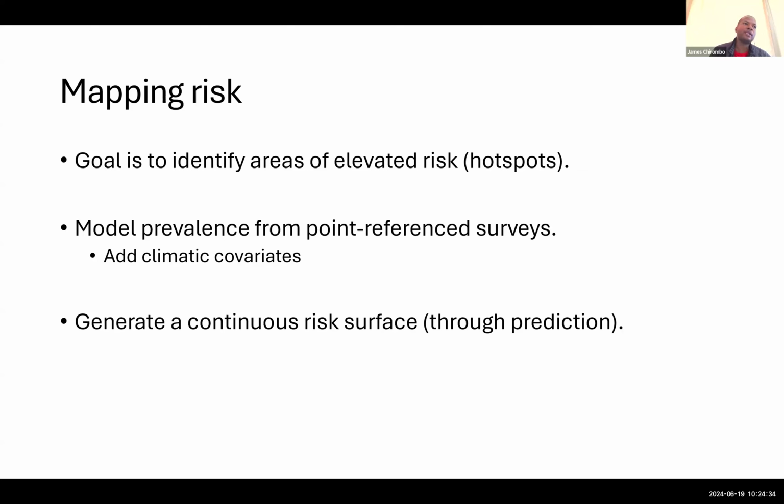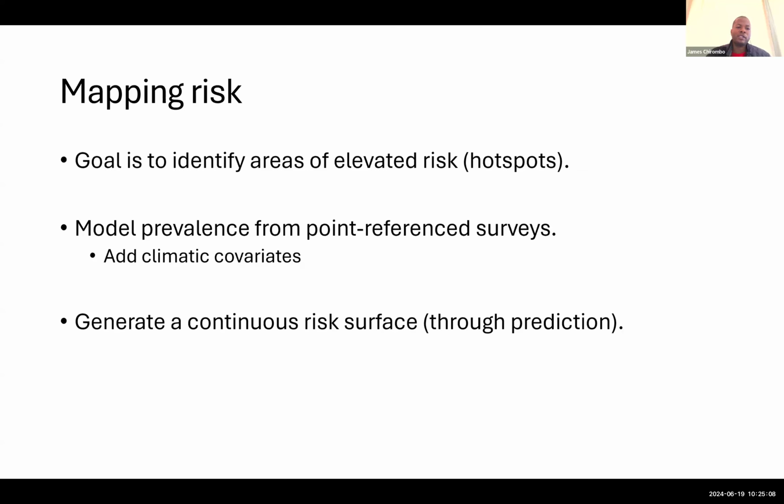If we just look at prevalence or burden of malaria at, let's say, district level or national level, you might mask some of the differences that are taking place within the district. There might be areas within the district that have high transmission, some with low. So how can you identify those hotspots?